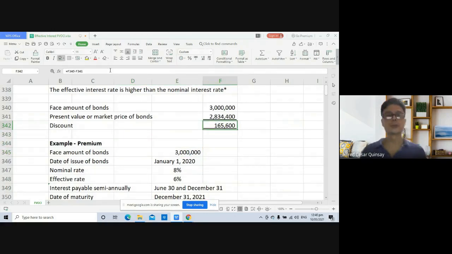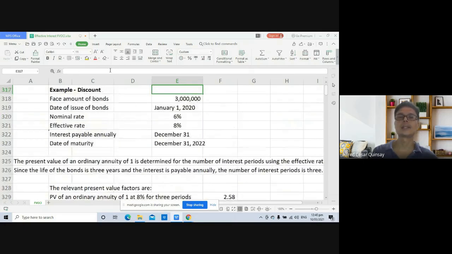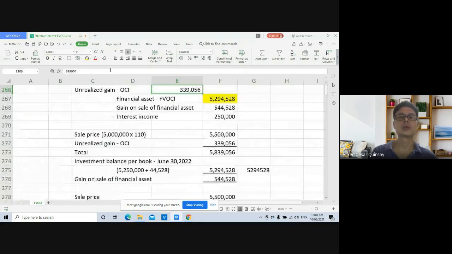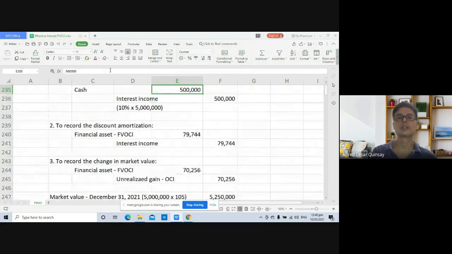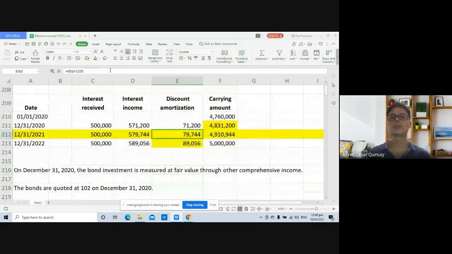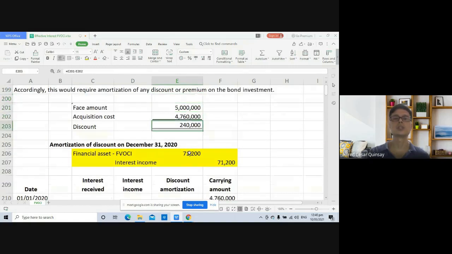Okay, now, let's proceed doon naman sa premium. By the way, yung mga amortization na ginagawa natin, kanina gumawa tayo ng amortization table. Pagka inadd mo lahat yan, it would equal 240,000, which is the total amortization ng discount.